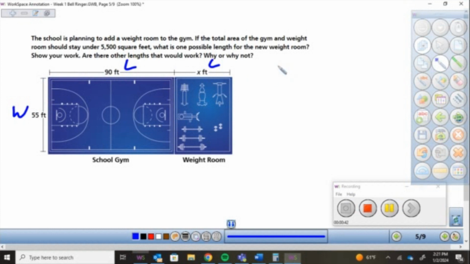Now if you look at this, we have the same width on both ends of this rectangle. So there's a common factor of W, or 55 feet, multiplied by 90 feet and x feet. So how would we write this as a distribution problem? Think about that for a moment.